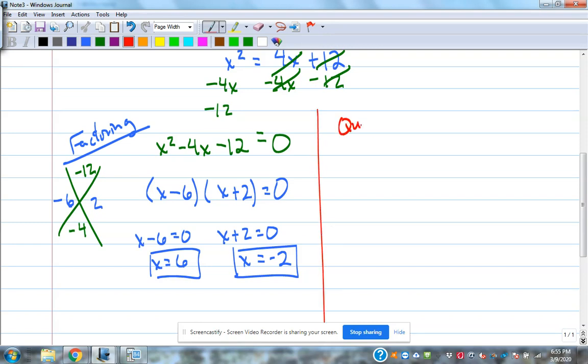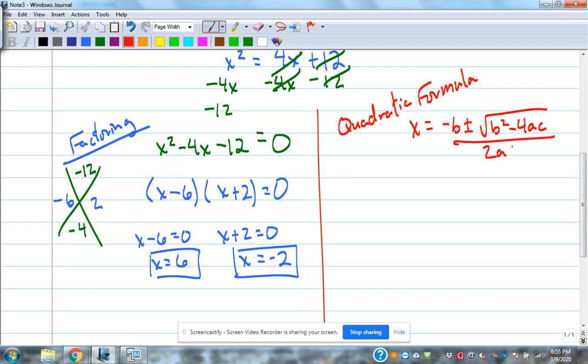Over here and do quadratic formula. Remember quadratic formula? You got x squared minus 4x minus 12 is equal to 0. So excuse me, I'm going to set that up. Negative b would be 4 plus or minus negative 4 squared minus 4 times a times c.